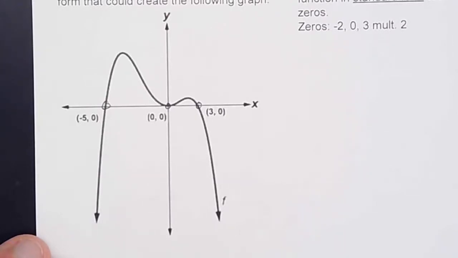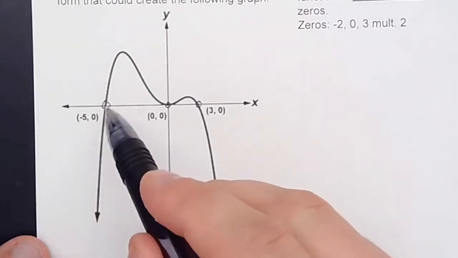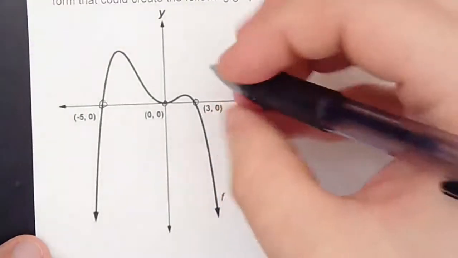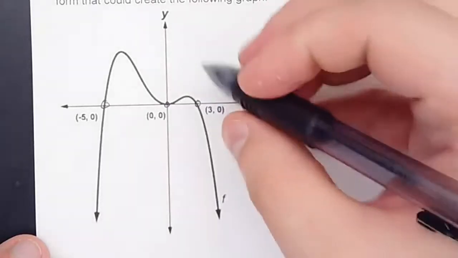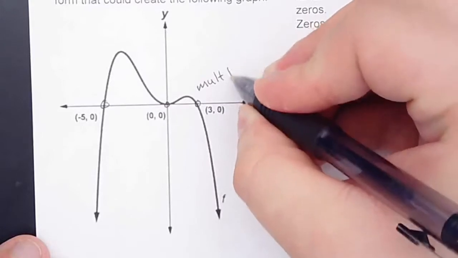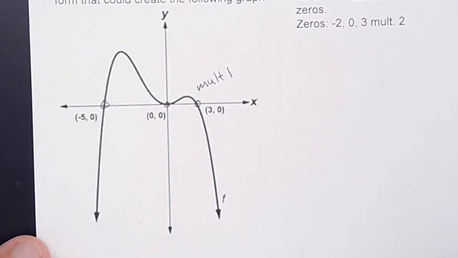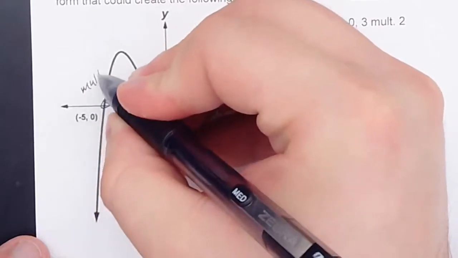The thing that I'm hoping you will recall here is that if I have a zero that crosses through the x-axis, that has an odd multiplicity. And I'm guessing that this is going to be a multiplicity of 1 rather than 3 or 5 or something like that. And same over here.